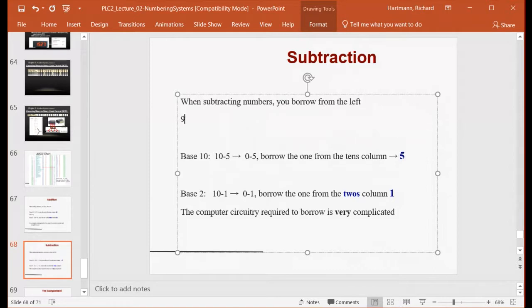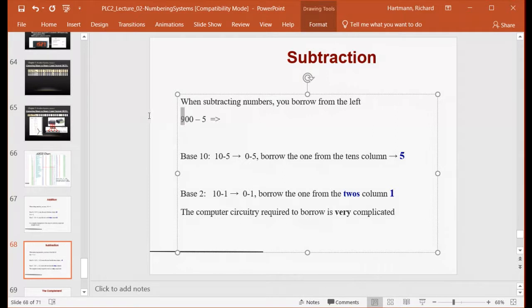So, even a better example, maybe if I was subtracting 5 from 900. Let's look at this example. We're trying to take 5, which is in the ones column, from the ones column, but there's nothing in the ones column. So I want to borrow from the tens column, but I can't do that because there's nothing in the tens column.